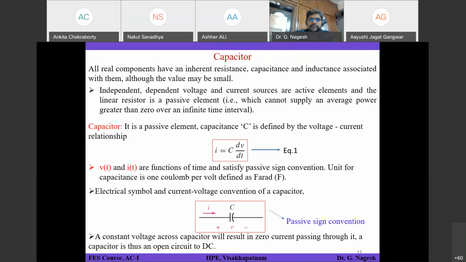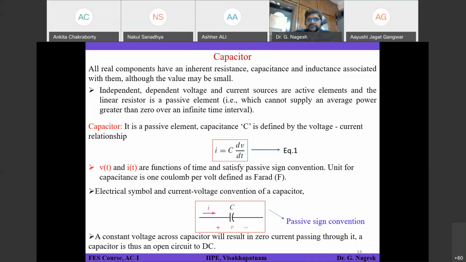Next, coming to the capacitor. The capacitor is also a passive element and is denoted by capacitance C. The voltage-current relationship for a capacitor is given by equation 1: I equals C into dV by dt.